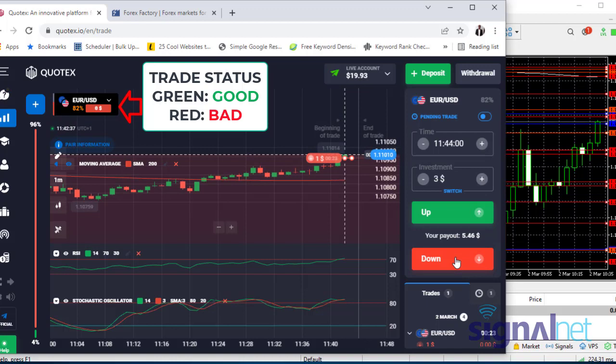Okay, so this is the level where I can enter with much more capital because I'm very confident about it.